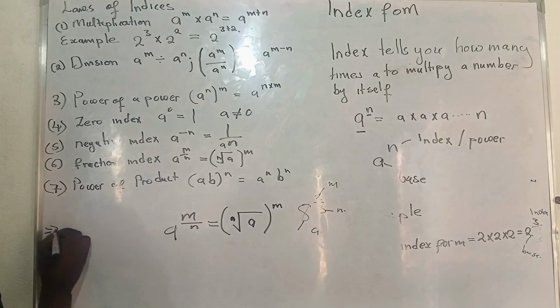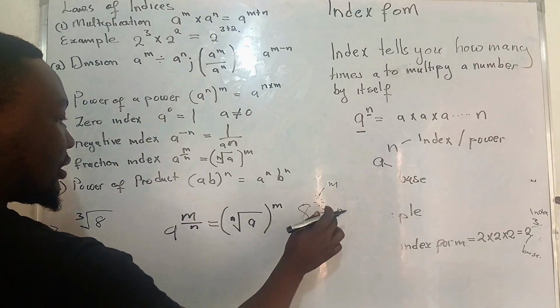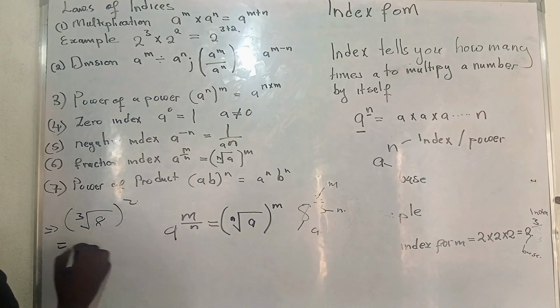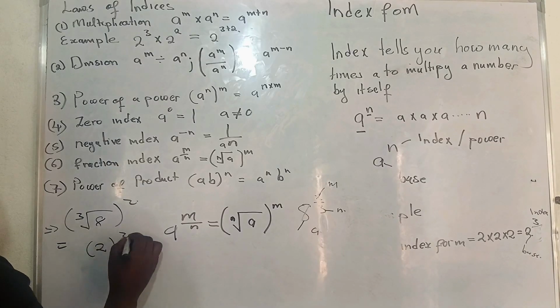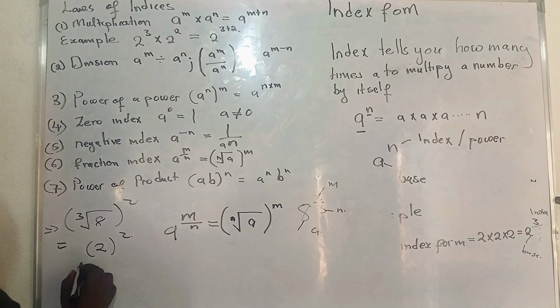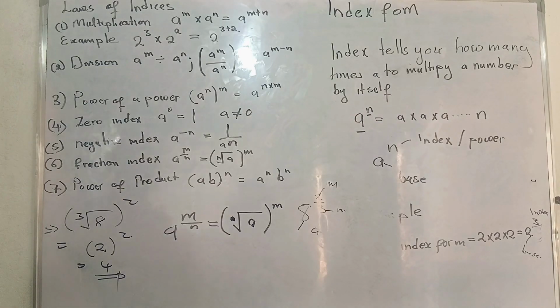So this is equal to the cube root of 8, squared, since n is 3. The cube root of 8 is 2, squared. So we first remove the cube root side. So this is equal to 4. That's the fractional index.